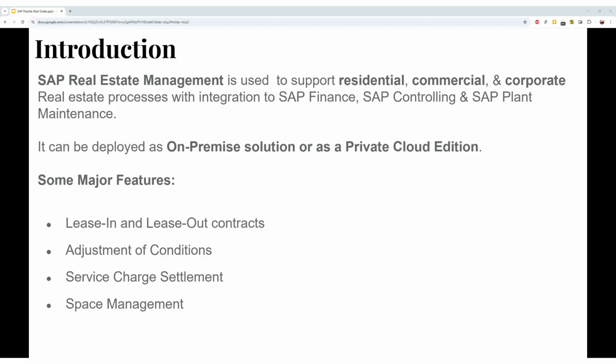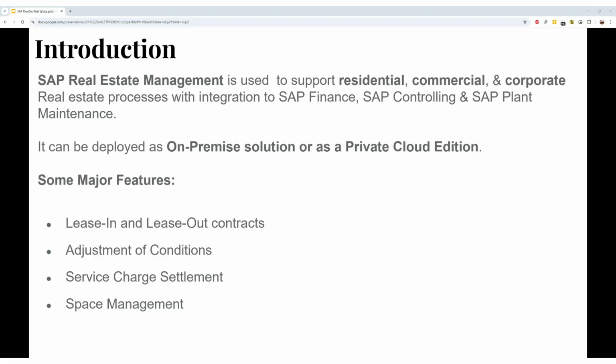Third thing would be the service charge settlement. It's essentially about the service charges. Suppose it's a mall. In the mall, you have various lifts, various shops. So the cost of maintenance of the lifts, the cleaning charges, the garbage disposal charges, the central air conditioning charges.